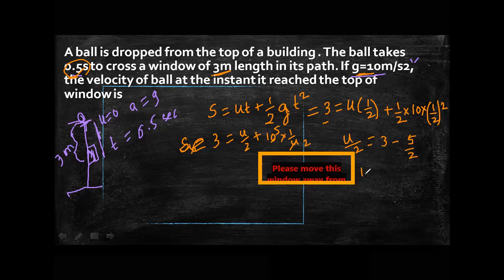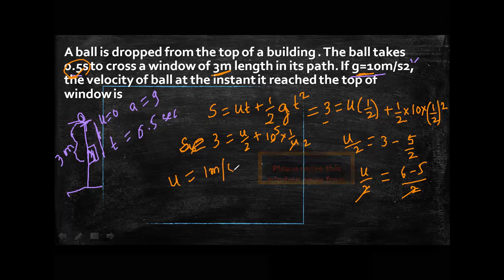So u by 2 is equal to 2 into 3, 6 minus 5 by 2. Both sides you can cancel 2. U is equal to how much? 6 minus 5, 1 meter per second. Did you understand, Pranav?